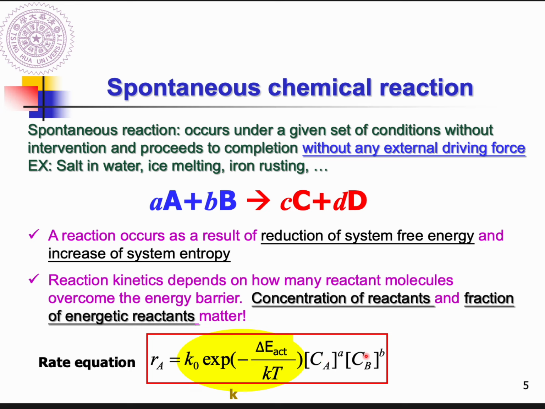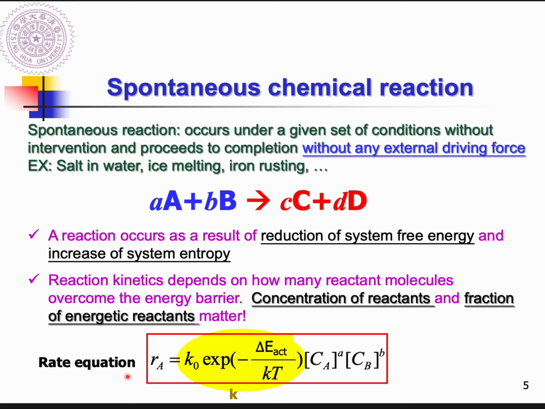In the concentration dependence part, we have the concentration of reactants and the corresponding reaction orders. So reaction kinetics depends on how many reactant molecules overcome the energy barrier. The concentration of reactants and the fraction of energetic reactants matter, meaning these two will affect the consumption rate of reactant A or B or the generation rate of product C or D.